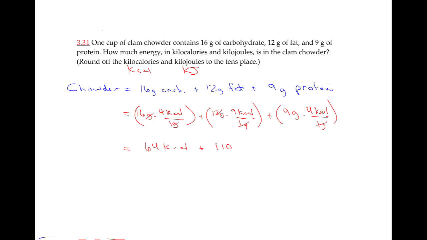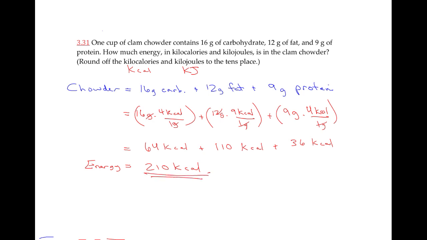Plus 9 times 4, which is 36 kilocalories. When you add all that up, the energy is equal to the sum of those numbers, which should give you 210 kilocalories. So that's the number of kilocalories right there.